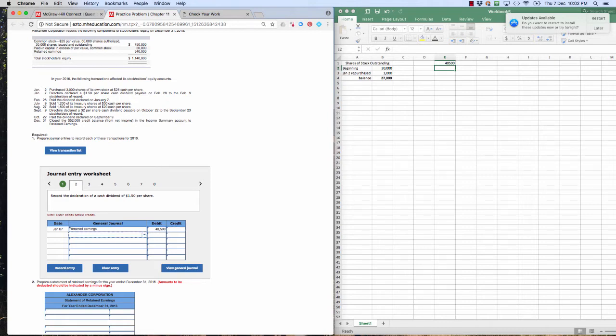Then to balance that, we look at common dividend payable, because we haven't paid them yet. It becomes a liability, something we're going to have to pay in the future. All right, let's record that one.